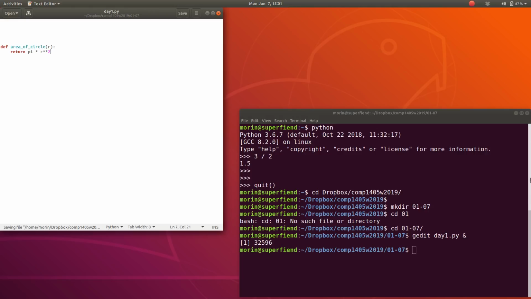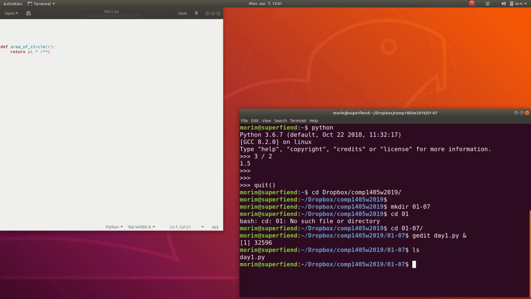All right, is that going to work? Let's run it and find out. So I created this in a file that is called day1.py. That's also available on the course webpage. As soon as this computer is connected to the internet, it'll upload to my Dropbox folder, which is shared off of the course webpage. So let's run it and see what happens.